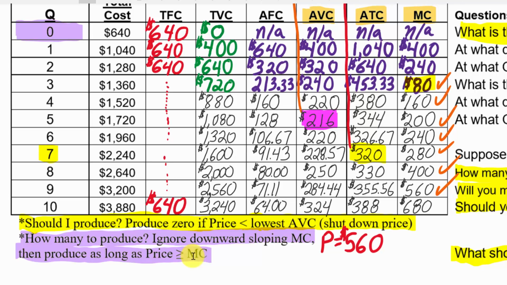So the right answer, produce the ninth unit if the price is 560. We're not going to make any additional profit off of that ninth unit, though. It's important to know that. It's going to cost us $560 to make, and we're going to sell it for $560. So our profit will not go up because we produce it. It's not going to go down, though, either. So why do it?